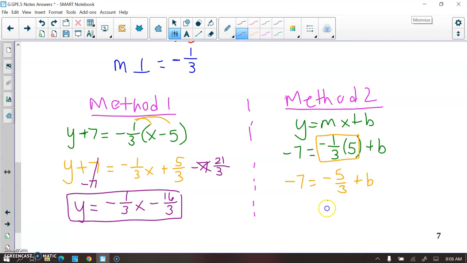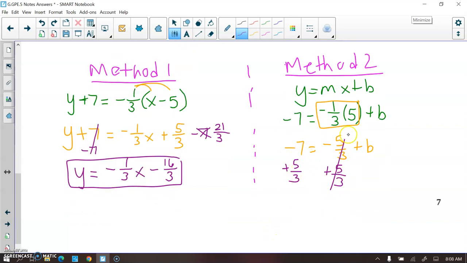And then I would add the 5/3 over. Same thing, to add these together, I need to convert the 7 into a fraction. So this is going to be -21/3 plus 5/3, which is -16/3.